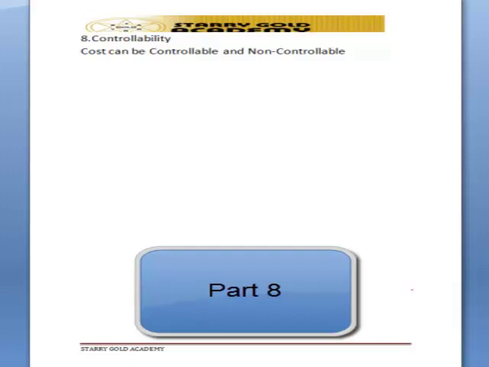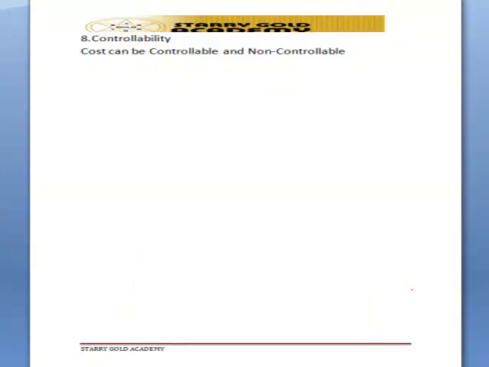Also, another classification of costs, we can look at classification of costs based on controllability, the ability of the management to control the cost. Under this category, we shall be classifying costs from the angle of controllable costs and non-controllable costs.